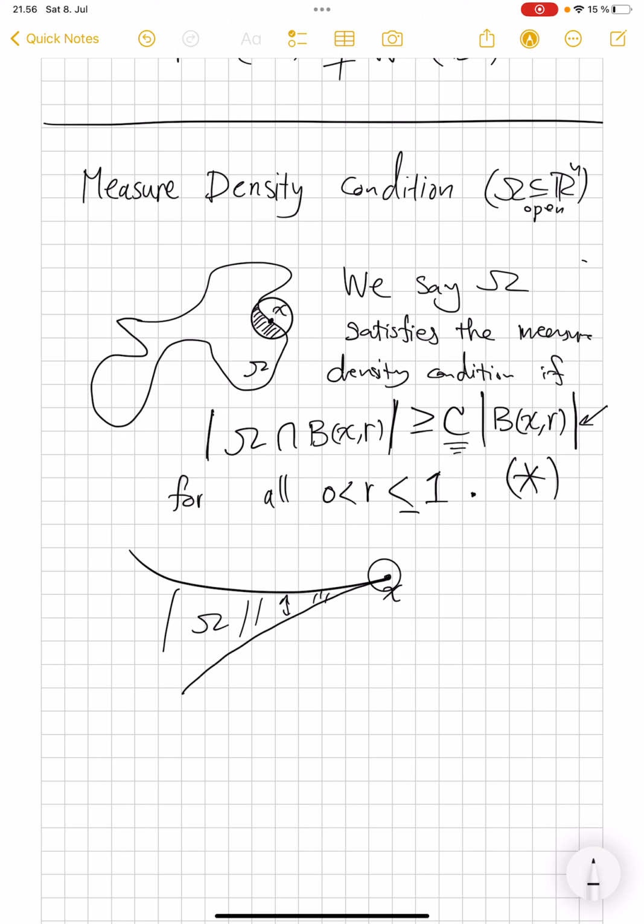This c will be worse and worse as r becomes smaller. So this is an example where this condition fails.